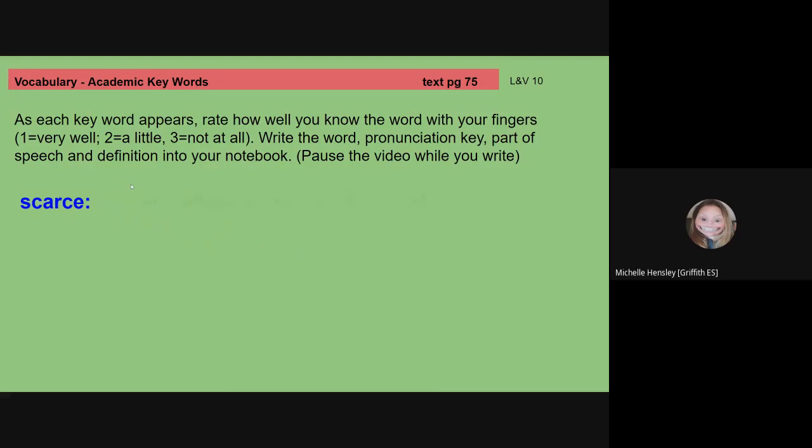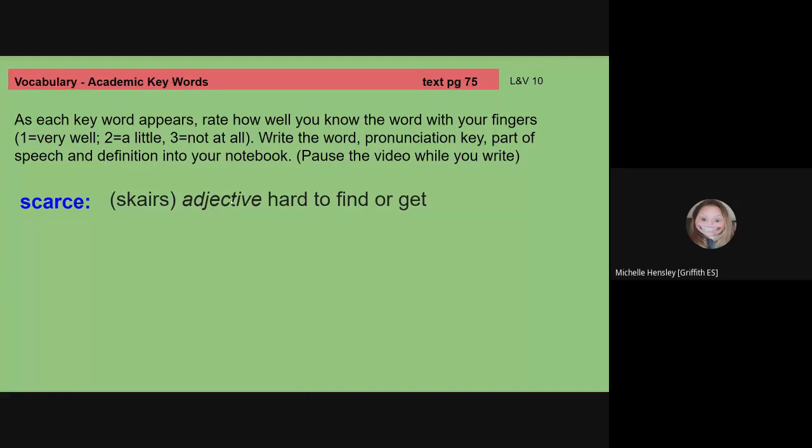All right, so scarce, single syllable, which means the whole thing is the focus. There's no emphasis on any part of it because it's 1 syllable, scarce. And it's an adjective. I don't know if we've had an adjective before. Adjectives are words that describe nouns.